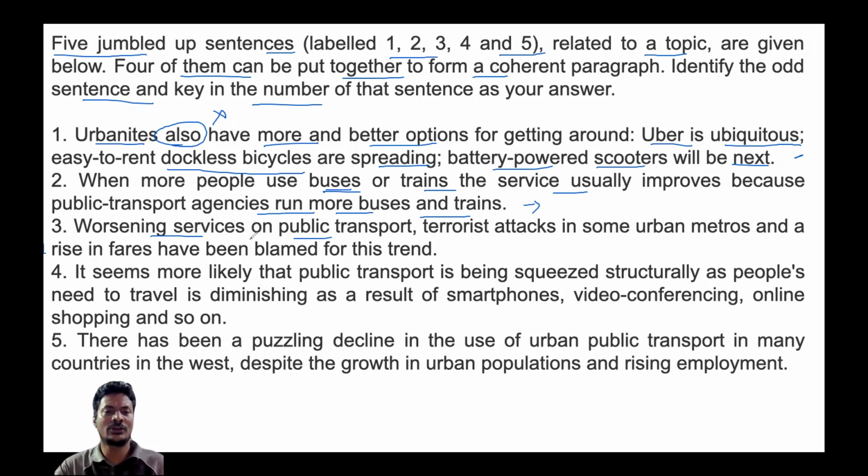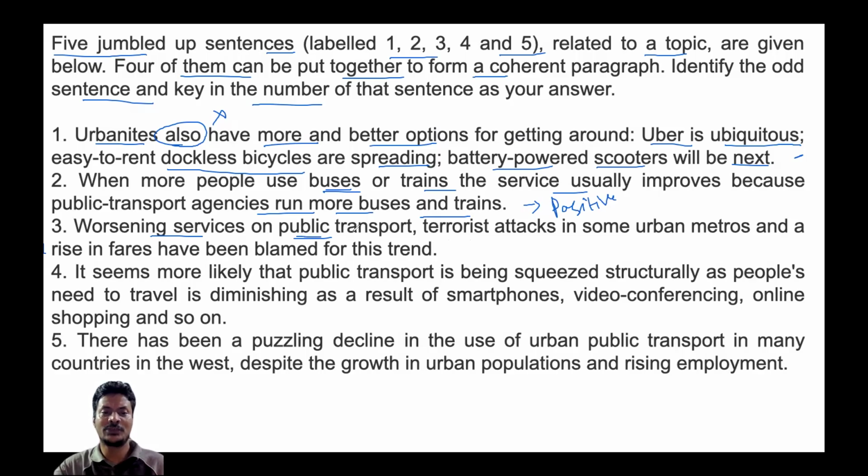So third is about worsening services. Option two is a positive one. It tells a positive idea that more people will use public transport. But the third one is telling about worsening services on public transport.